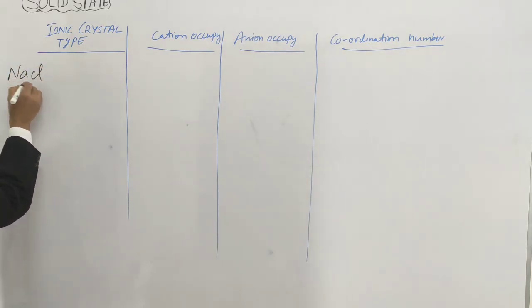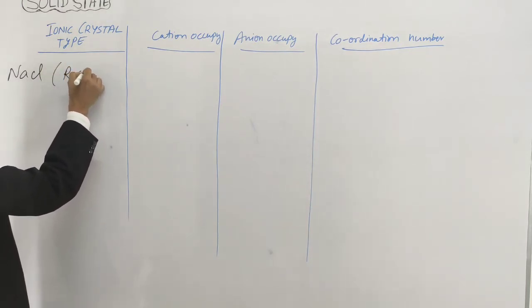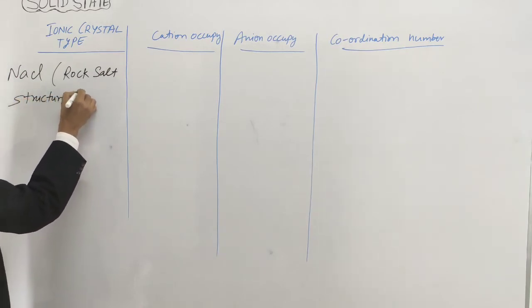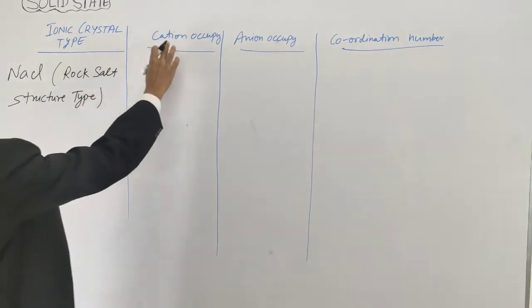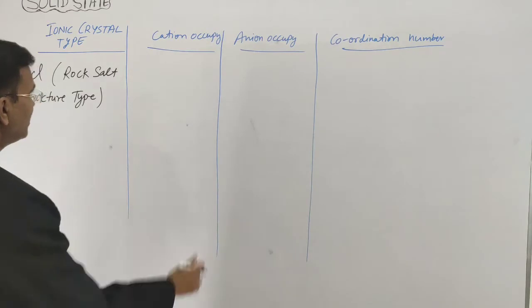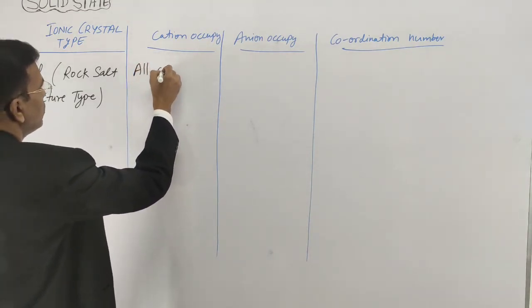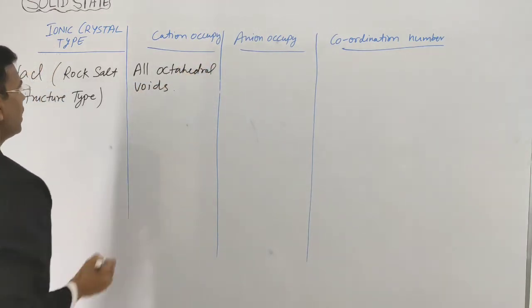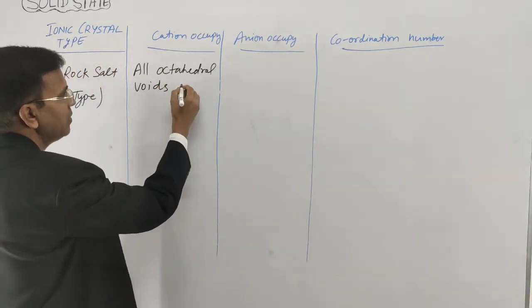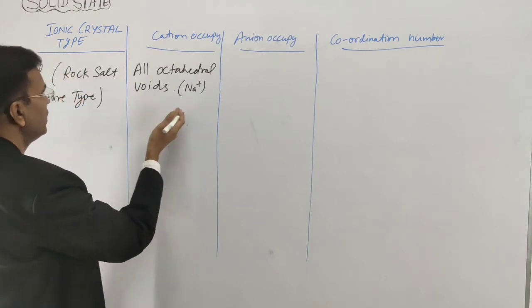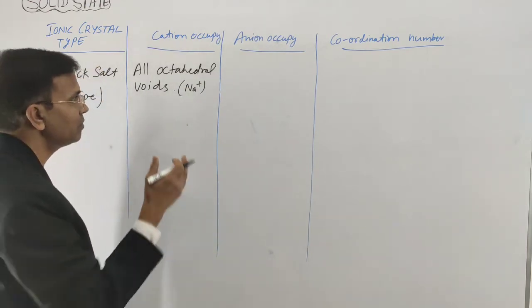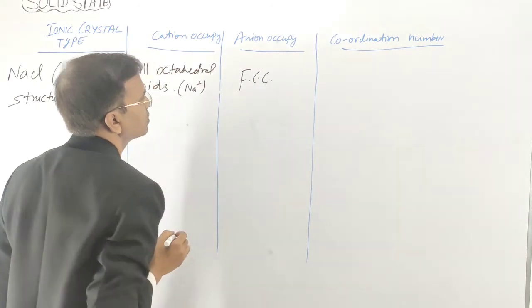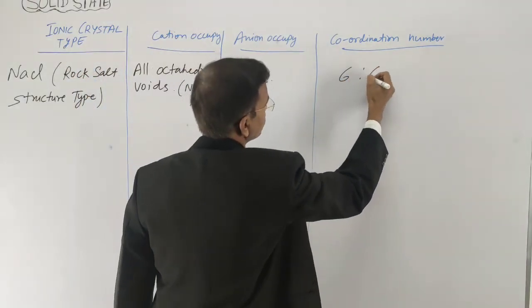NaCl is the rock salt structure type. The cation occupies all octahedral voids, as we have discussed earlier, and in the case of NaCl it is Na positive; in other compounds of the same structure type, it may be other ions. The anion forms the FCC structure, and the coordination is 6:6.